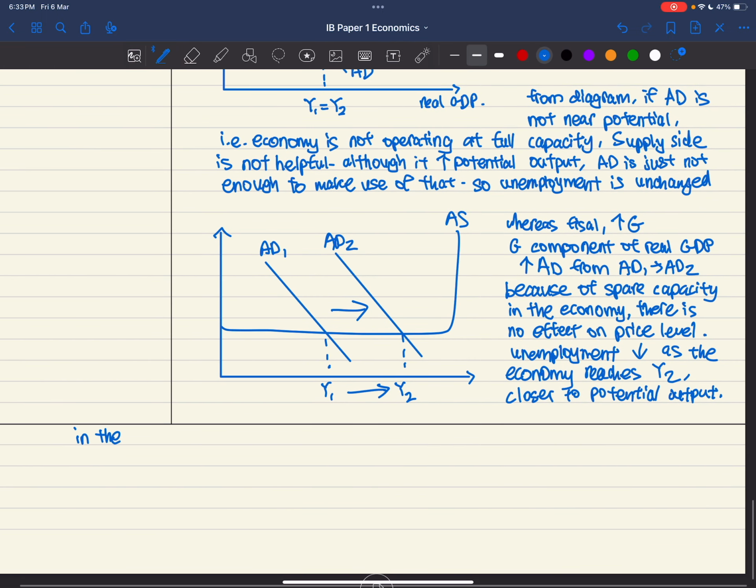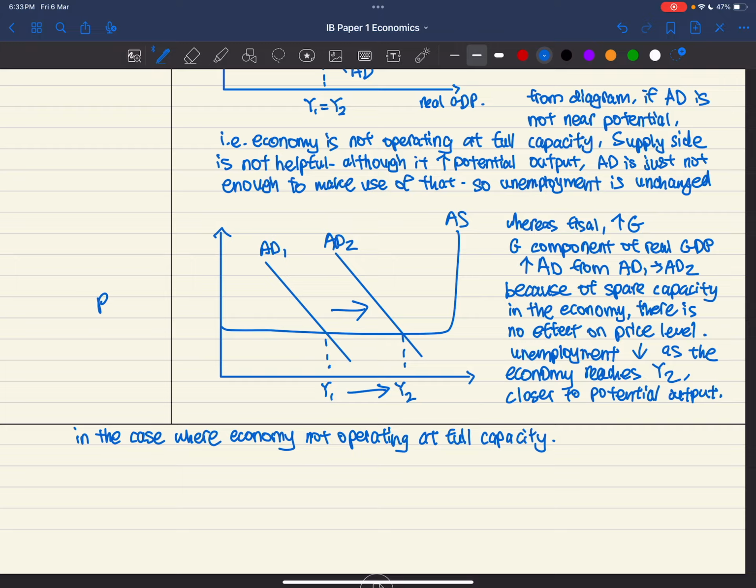In the case where the economy is not operating at full capacity, and then you can have even a real world example for this. So don't forget your real world examples. If it's not operating at full capacity, fiscal is much better than supply side.